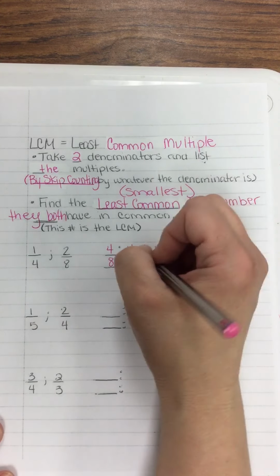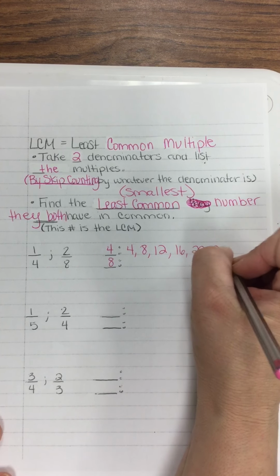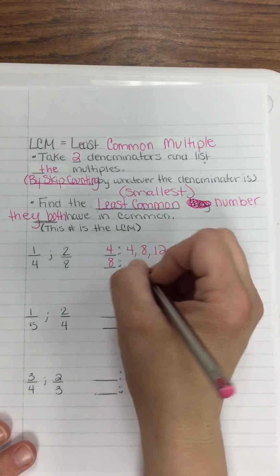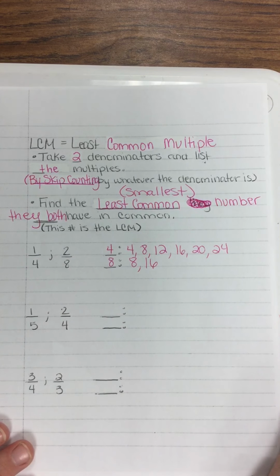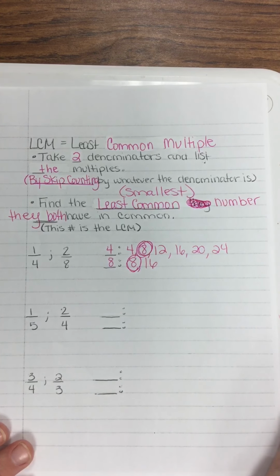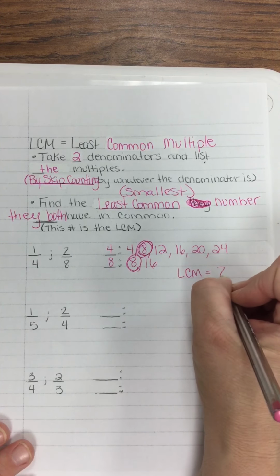Or you can do 4, 8, 12, 16, 20, 24. I'd only go about 4 or 5. And then you're going to do the next one: 8, 16. Do you see something they have in common? The smallest number they both have in common is 8. So that means the LCM is 8.